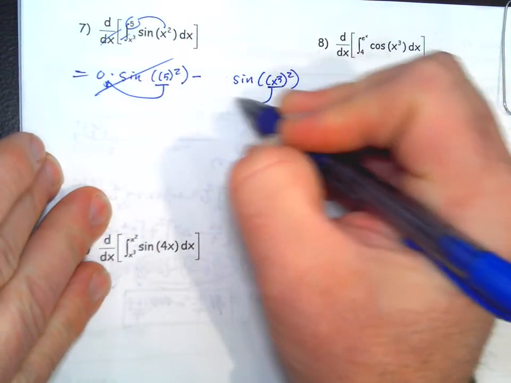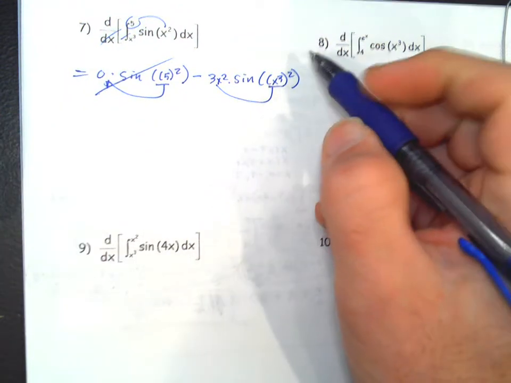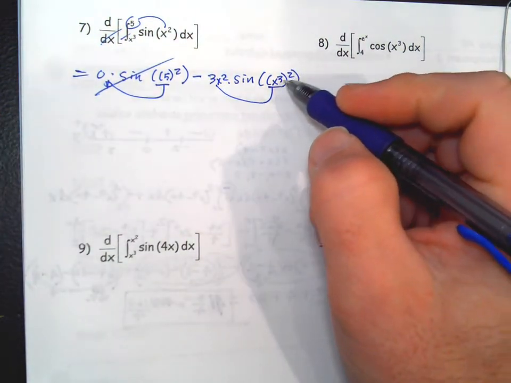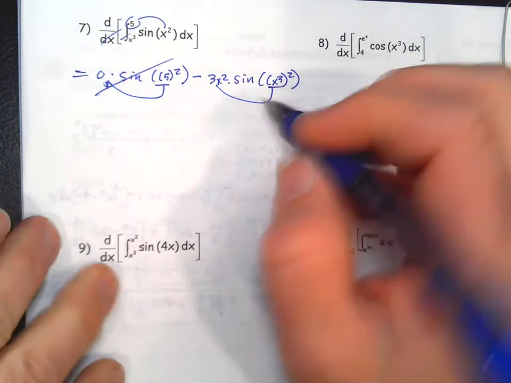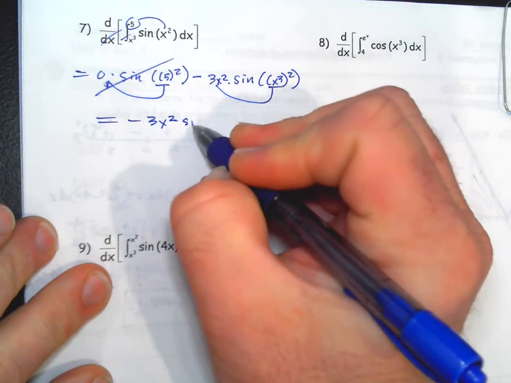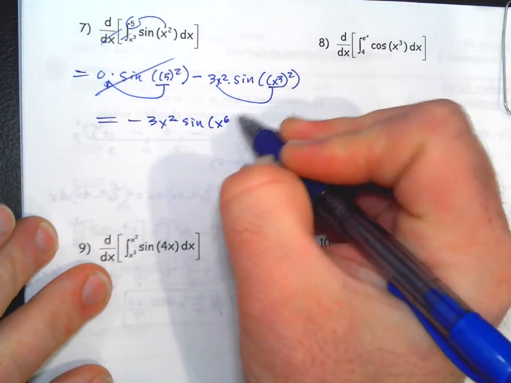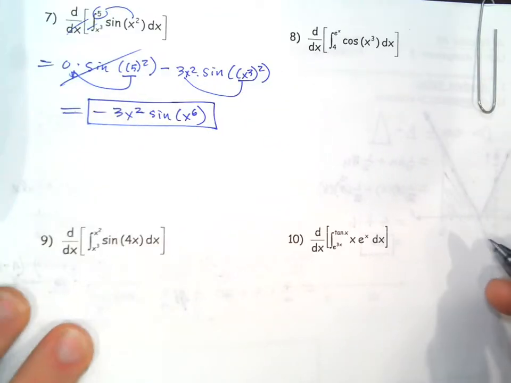Derivative of x cubed is 3x squared. See, the thing I think people might be tempted to do is if they write x cubed squared as x to the 6 right away, they're going to put 6x to the 5th in front, and that is not correct. So I'm usually very patient and then simplify afterwards to make sure I don't make mistakes.